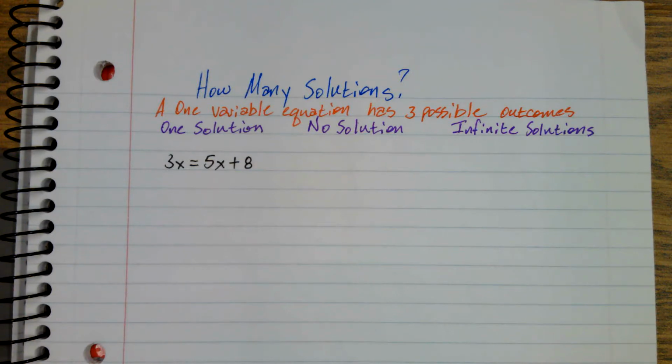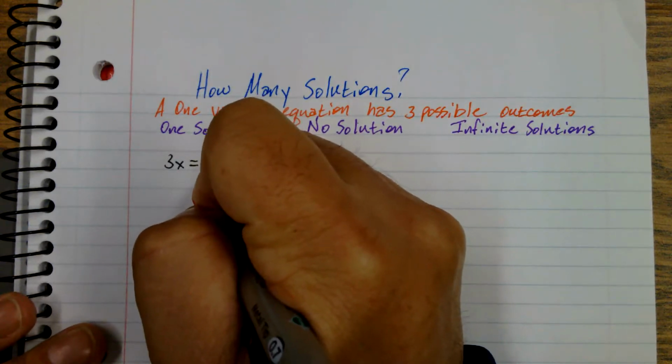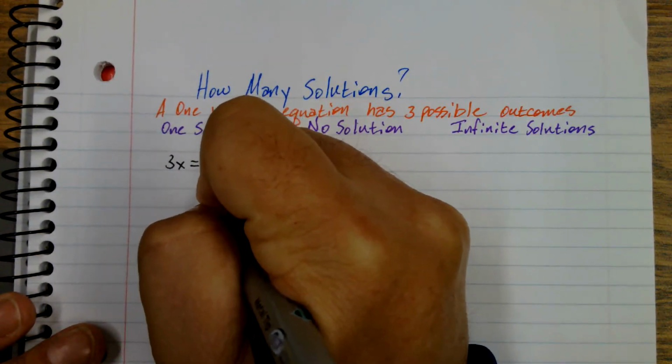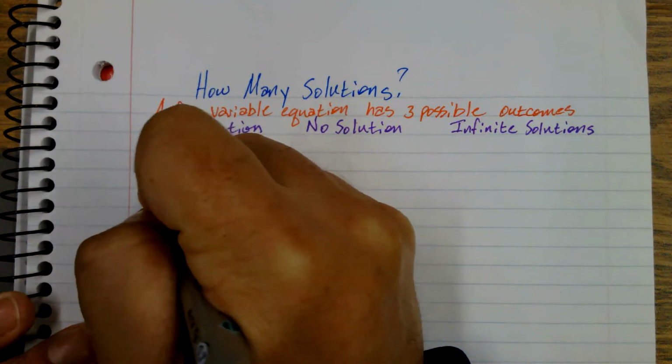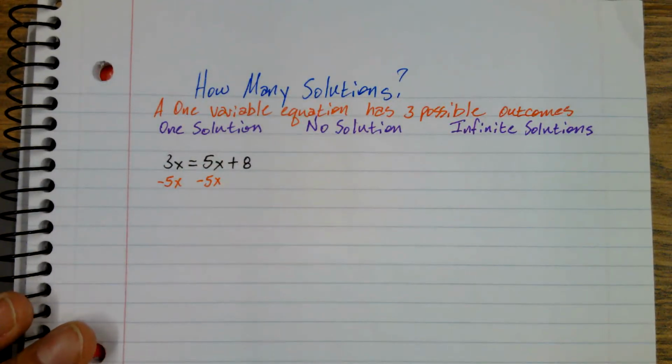Some of you are saying subtract 3x on both sides. Some of you are saying subtract 5x on both sides. I'll subtract 5x only because I'm not afraid of negatives. And I love my variable on the left side of the equation.